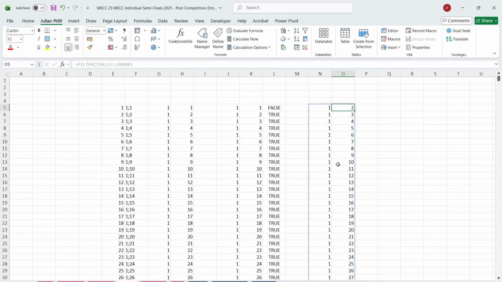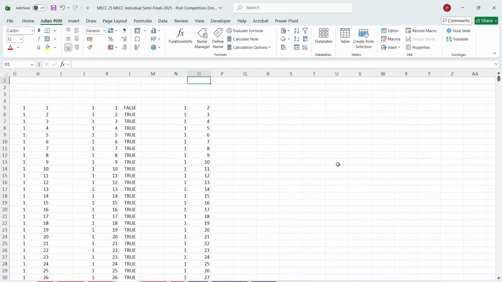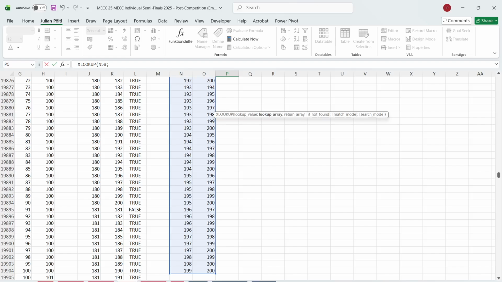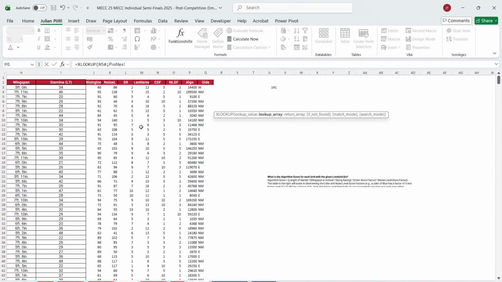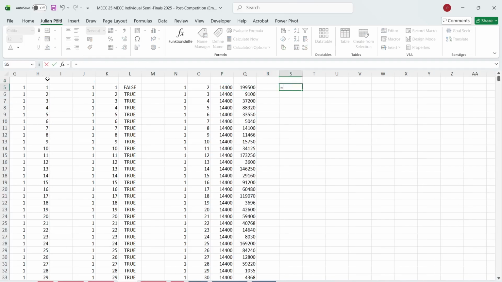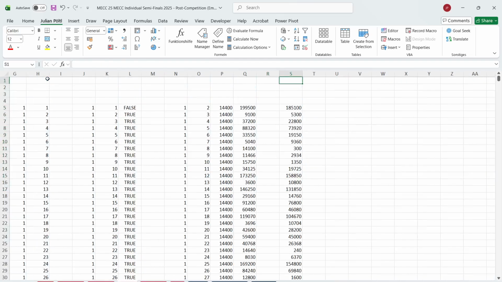Anyways, we have all combinations. Okay. What am I doing here? Okay, we have the algorithmic distance of this combination.